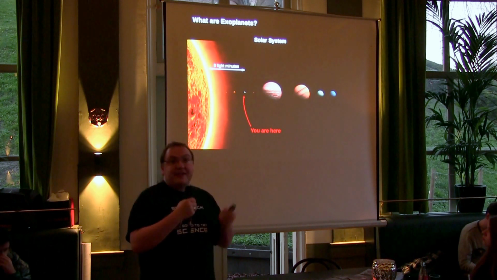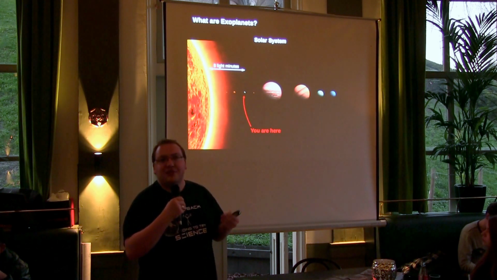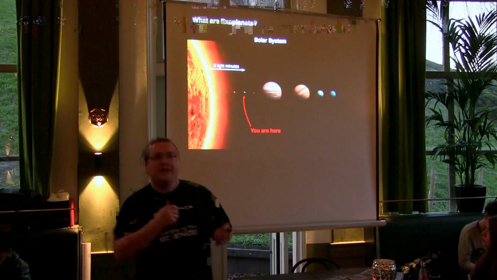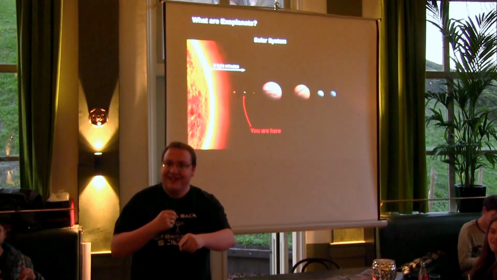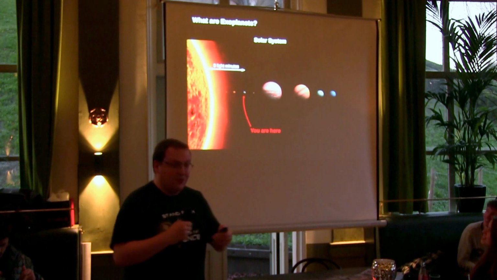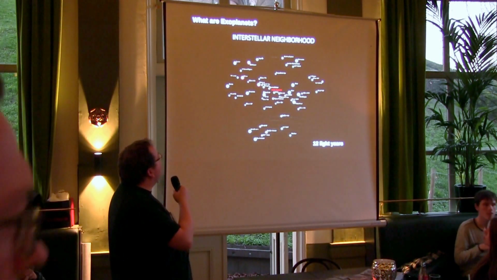And to photograph exoplanets now, so that means extrasolar, so planets outside the solar system, we have to zoom out a little bit. So we first zoom out a bit to the interstellar neighborhood.